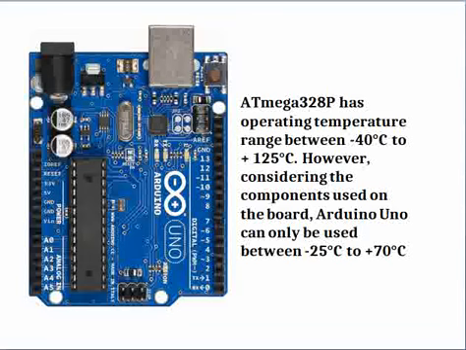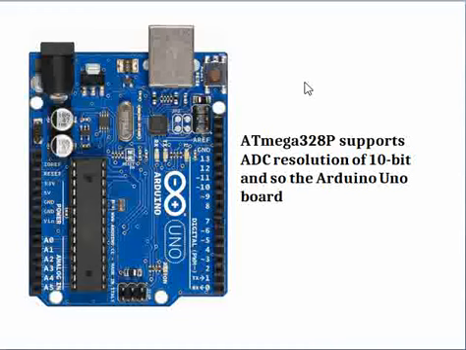And then another important point is we have ADC support, right? That's what you see, A0 to A5 on the Arduino Uno board. So the very important thing about ADC, which you want to know about its specification, is the resolution.